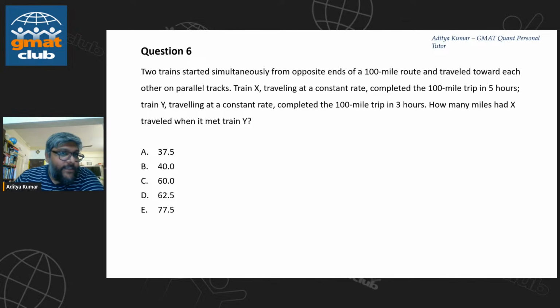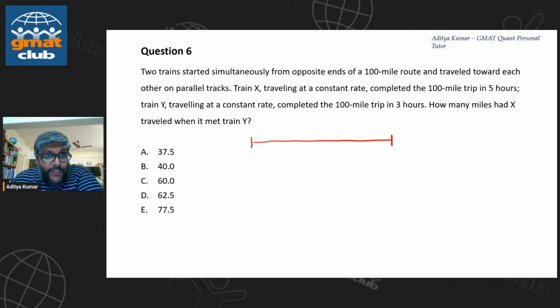Two trains started simultaneously from opposite ends of a 100-mile route and traveled towards each other on parallel tracks. Okay. So I'm going to draw it out. You see what I'm doing? I'm first trying to visually, graphically represent my question.